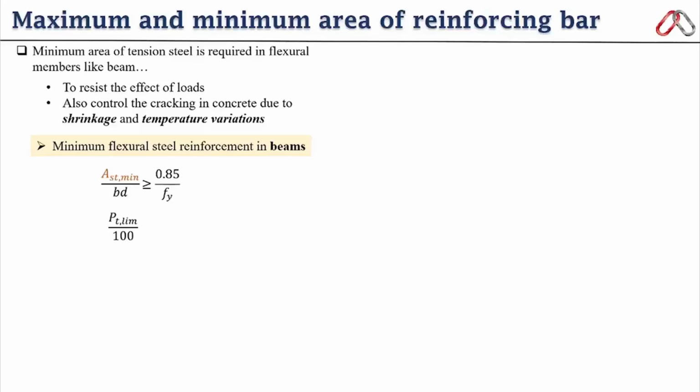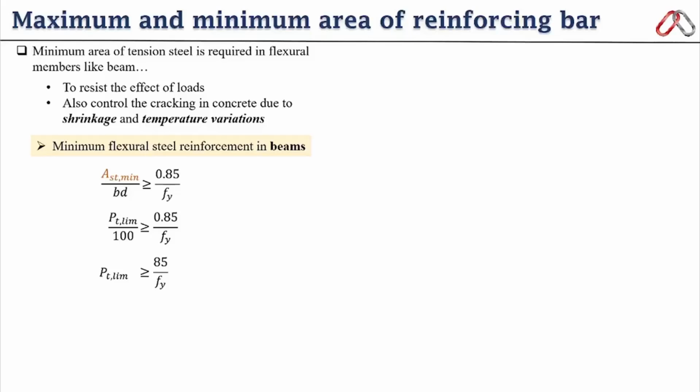Here I can convert it into pt limiting. Here pt limiting is the percentage of limiting steel, that is pt limiting upon 100 should be greater than 0.85 upon fy. On further simplification, the value of pt limiting should be greater than 85 upon fy.